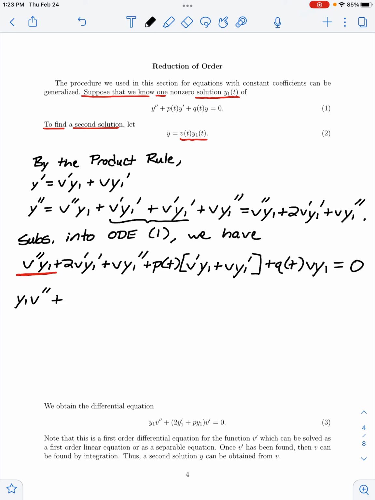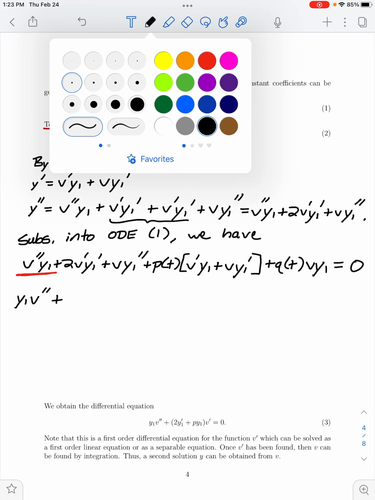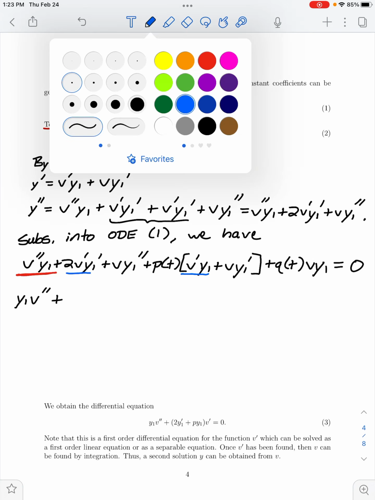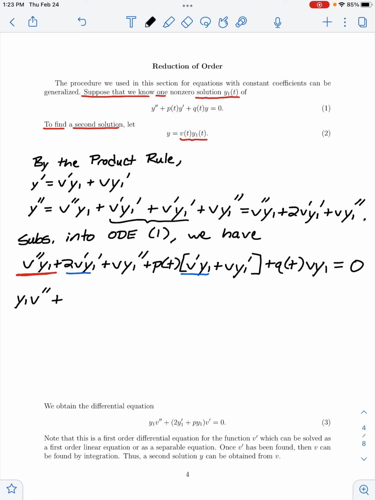And then we add to that, well, let's group everything that involves the first derivative of v. Looking at my expressions with the first derivative of v, we just have these two terms. So if I group those together and factor out v prime, I'm left with 2y1 prime plus p of t times y1, all times v prime.